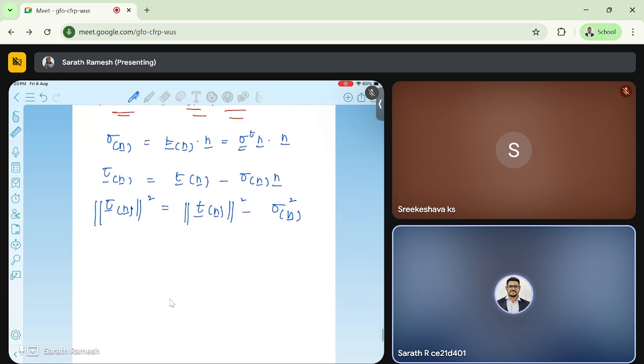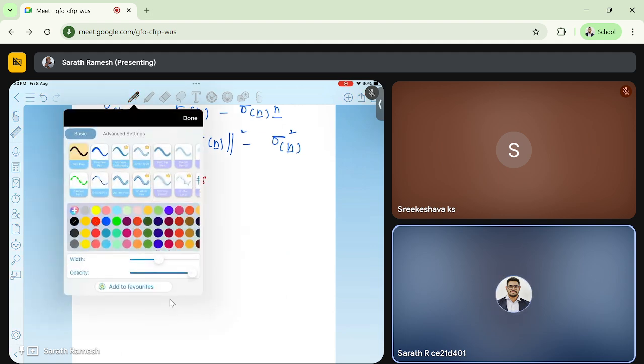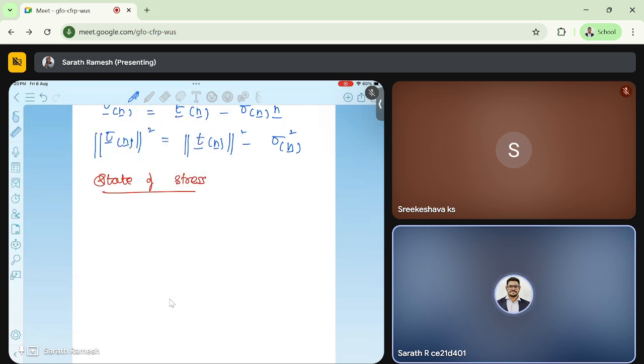Now, when we come to state of stress, since we have seen the transformations of stress, suppose someone is giving a stress state which looks like this: sigma xx, 0, 0, 0, 0, 0, 0, 0, 0, right?